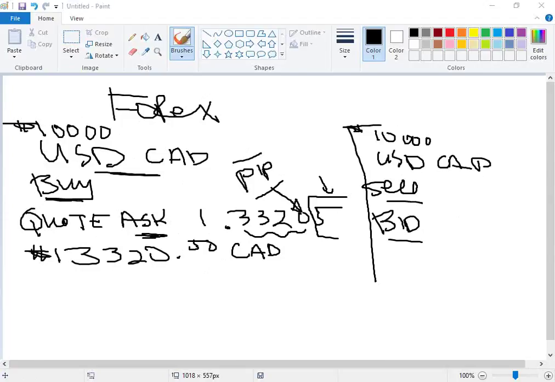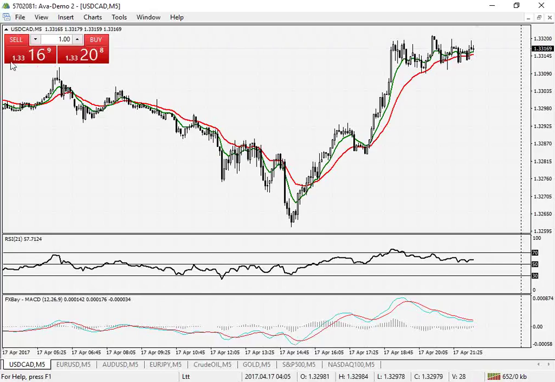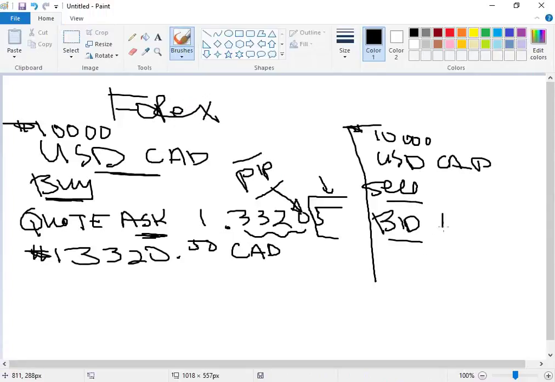And if you go back to that little screen, you'll see that they give you 1.33169. So come back here. They give you the quote 1.3316. I'll use 5 here just to keep it simple, instead of 9. So notice that they give you the bid price.